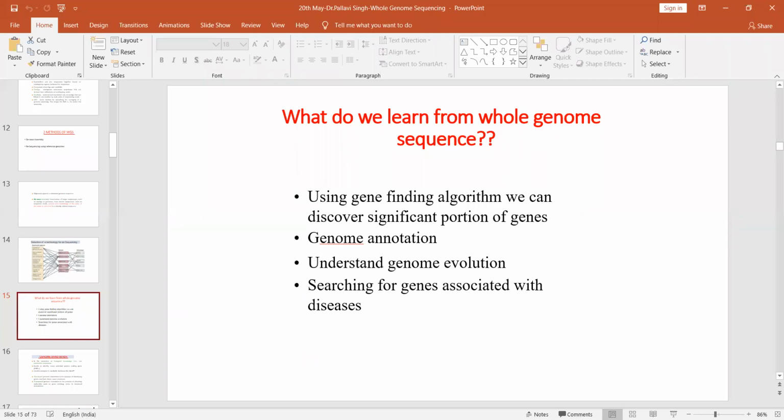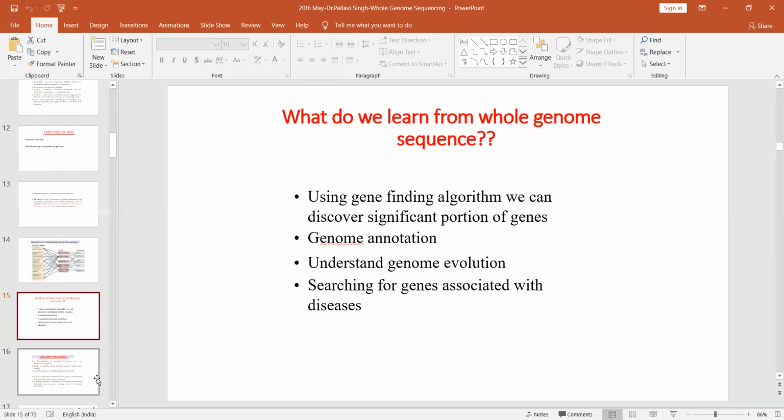So to find out the genes, we use whole genome sequencing. To classify the junk DNA and the actual DNA, we use whole genome sequencing. We also use it to understand genome evolution, how my genome has evolved from an ancestor to here. And we use it for genome annotation and for finding the genes associated with diseases.